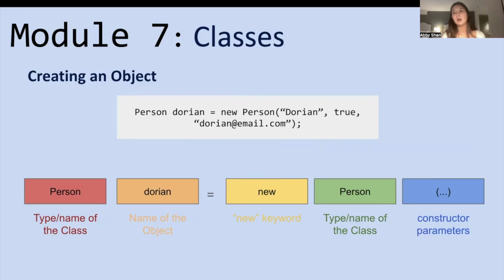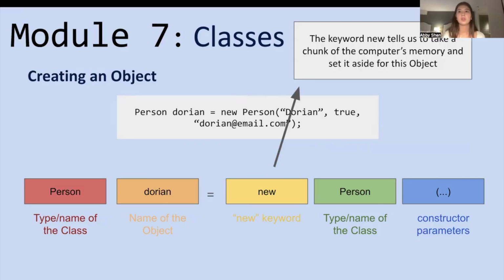New is a keyword, and that indicates that we want to allocate new memory. And then person, again, is the type or name of the class. And then in parentheses, we have the constructor parameters. And so here's that note on the new keyword. It's telling us that we're setting aside memory.